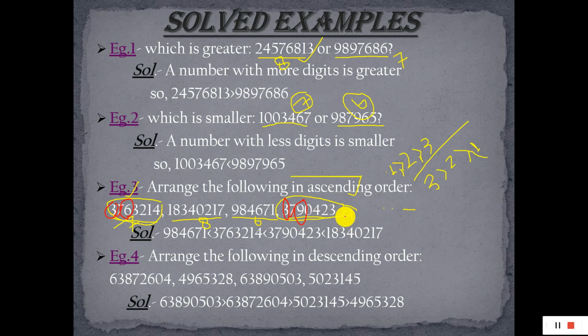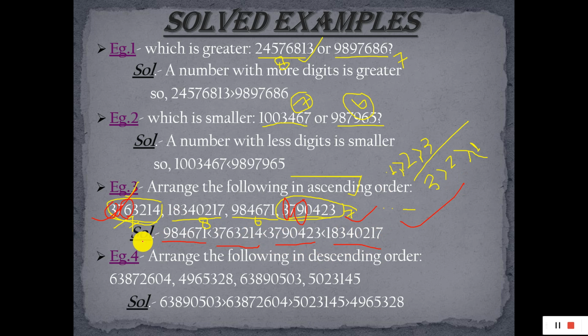So this number is greater than this number. Now the 6-digit number goes first, and this one, being less than this, goes second, and third is 3, 7, and fourth one is 1, 9. This is the ascending order.